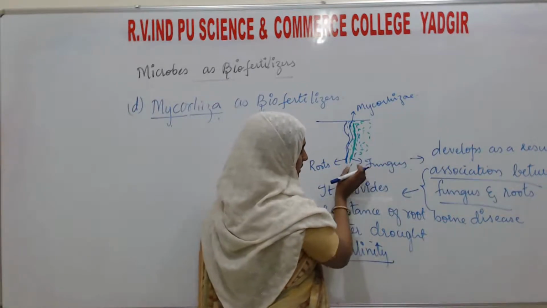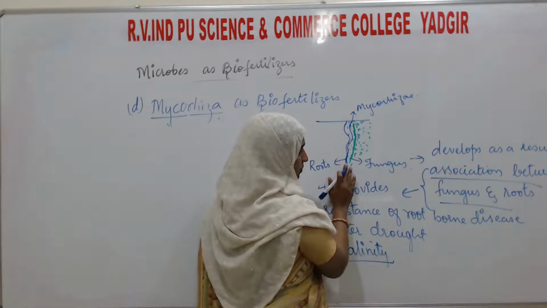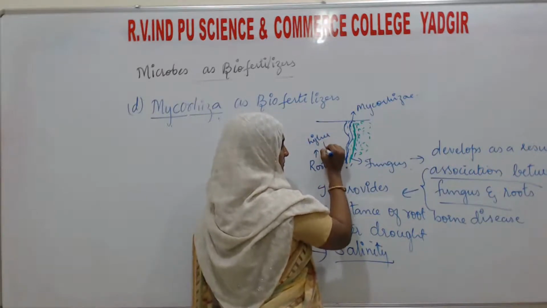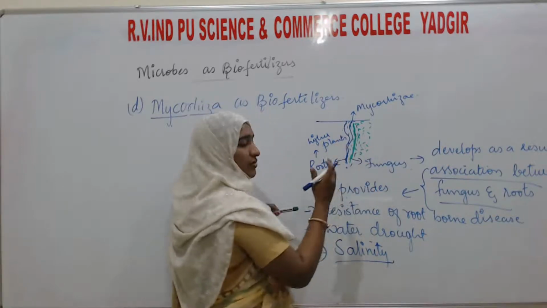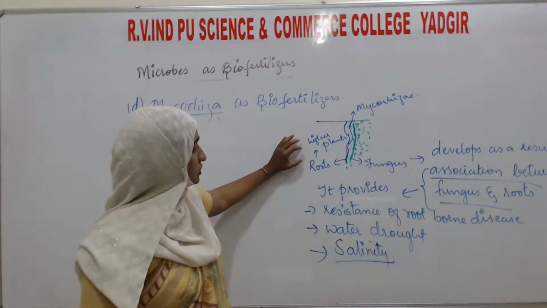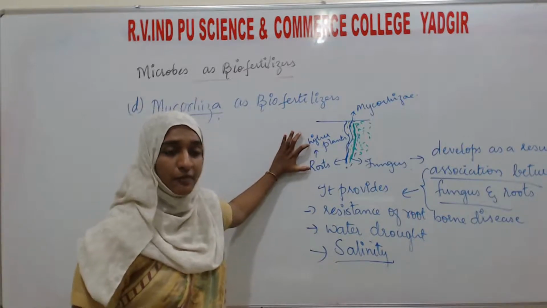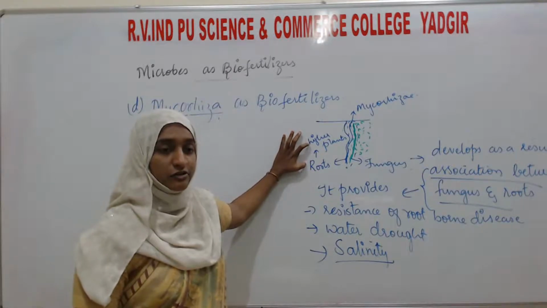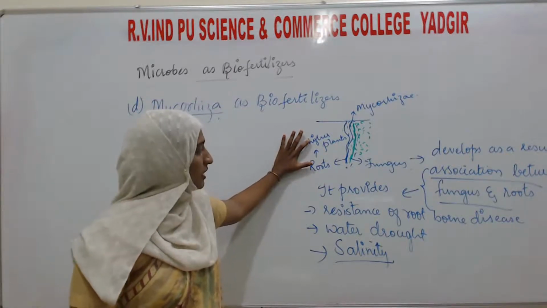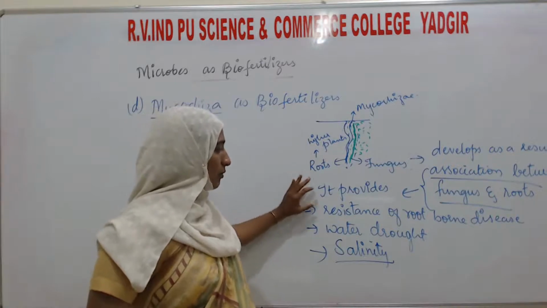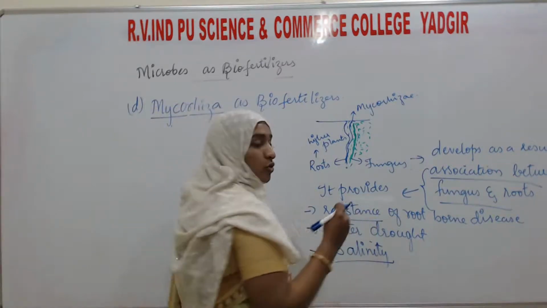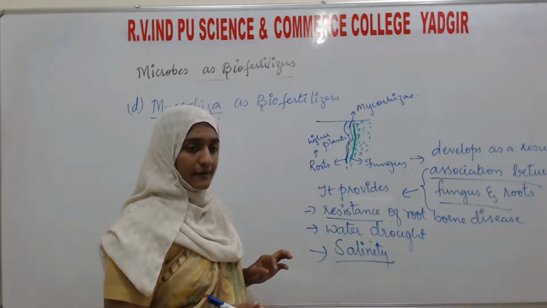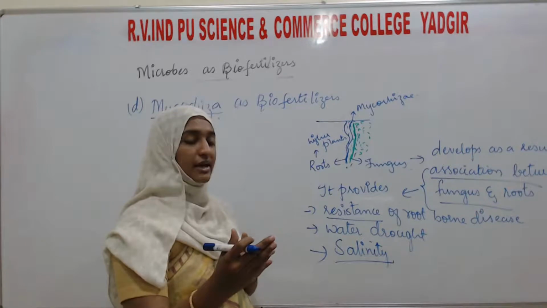So there is an association between the root and fungus, the roots of higher plants. How is this fungus beneficial to the roots? They provide nutrients, especially phosphorus and nitrogen. They also provide resistance to root-borne diseases, the soil-related diseases that damage the roots.